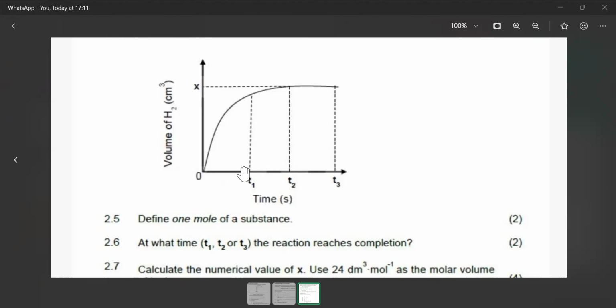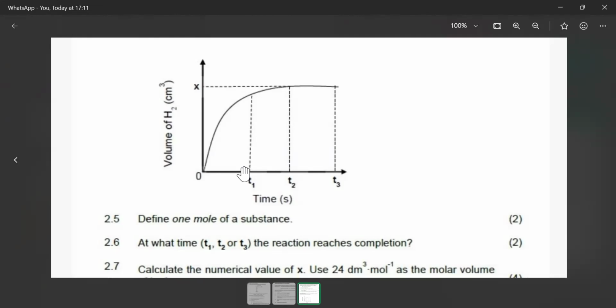Well, that's what we are having here. The volume is being produced, but while it is increasing, the gradient is decreasing, which shows that at some stage there won't be any volume produced anymore. You can see that the point X is the maximum volume being produced. No volume is produced above X.